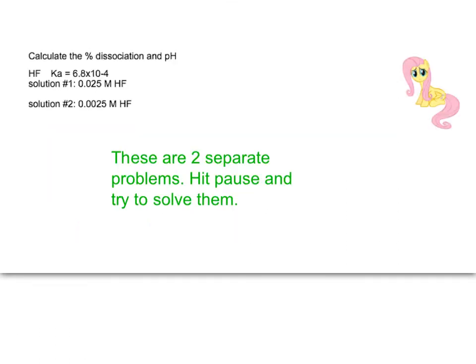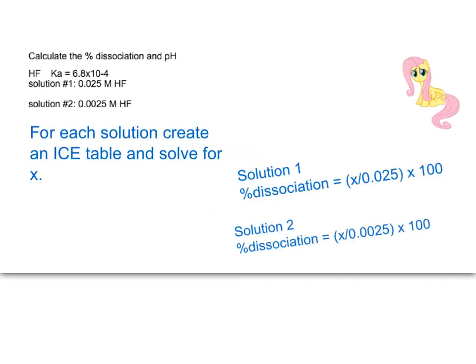Okay, to find the percent dissociation and pH, we essentially go through the exact same process. Go ahead and hit the pause button and try to solve each of these problems. And if you were stuck, here are some hints. These are two separate problems.